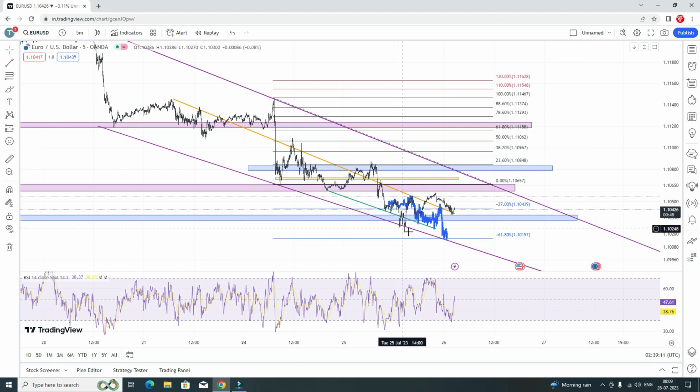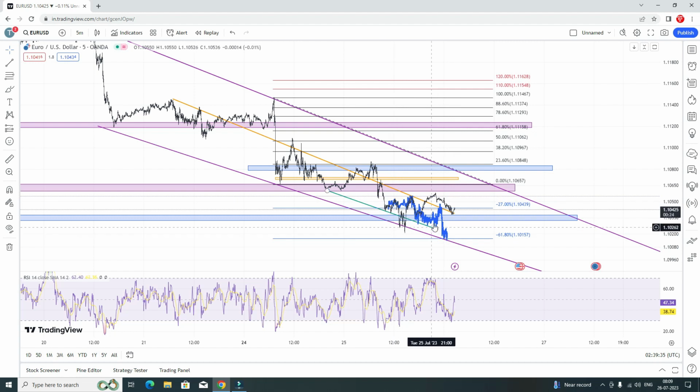It went down, it tested minus 61.8, then again went back up, used the 15-minute trend line as support, and then went up to the half an hour trend line and then used that as support. And the price is still moving.